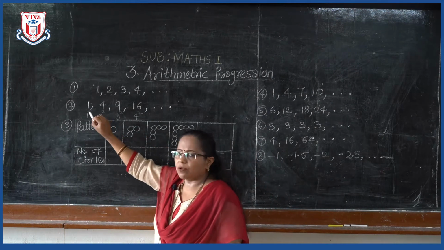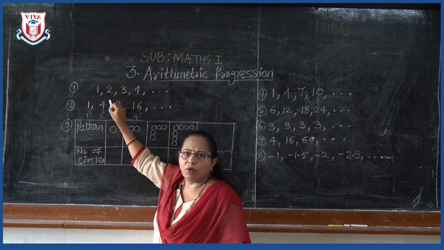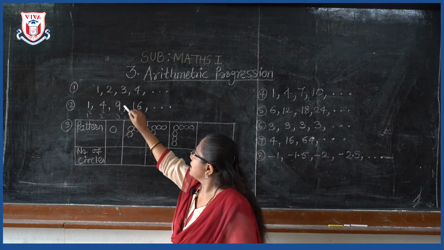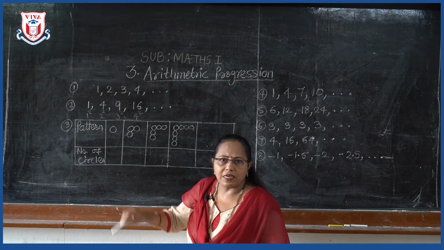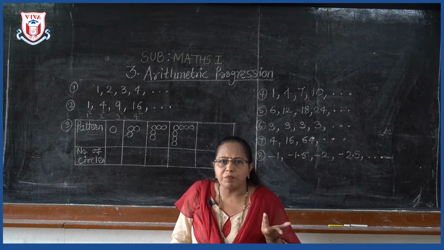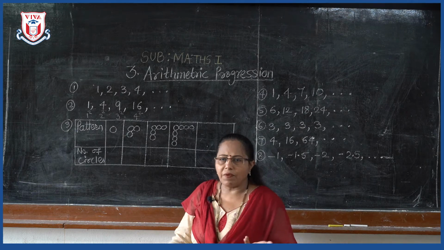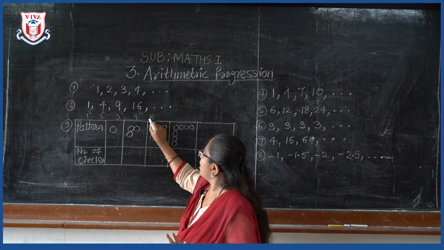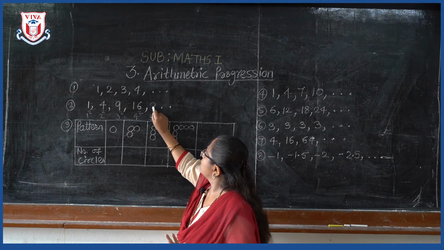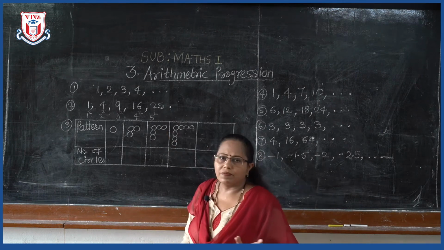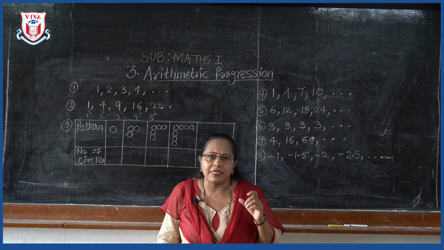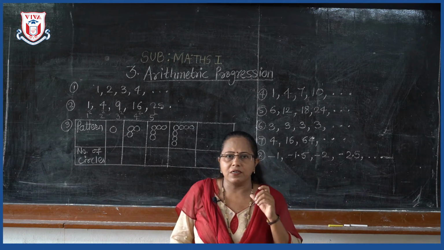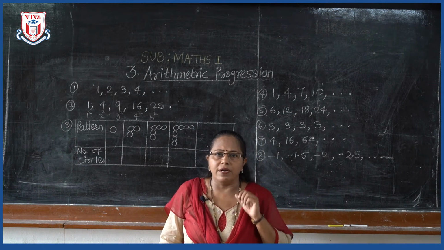That means 1 is in the first position, 4 is in the second position, 9 is in the third position, 16 is in the fourth position. Now which number will be in the fifth position? We can find out. 5 square, that is 25. Okay. So here each number has its own position and the numbers are arranged in a definite order.